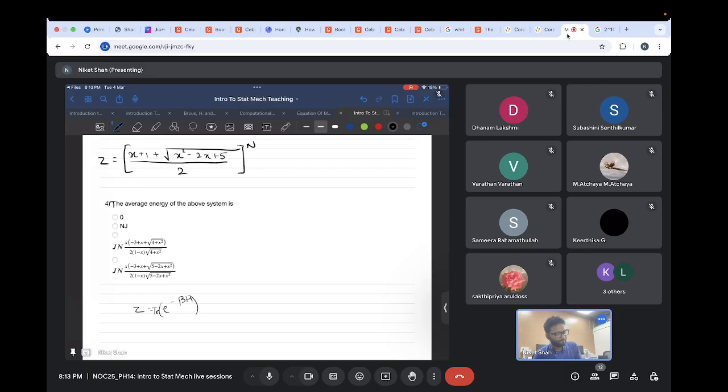Then minus 1 by beta ln Z. Ln Z is equal to minus beta H. The expectation of minus beta H, minus 1 by beta ln Z, is equal to the expectation of H.